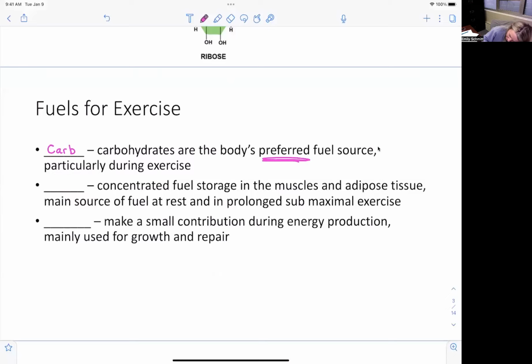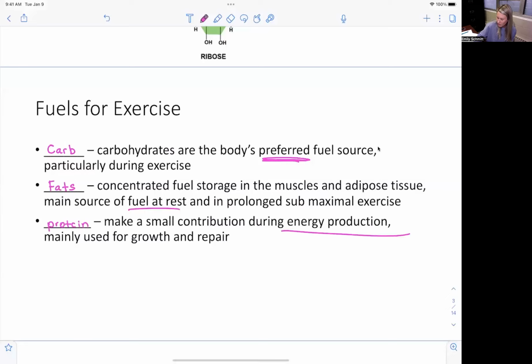And then we know fats are concentrated fuel storage in the muscles and adipose tissue, main source of fuel at rest. And in prolonged submaximal exercise, your body will tap into those fat stores. And then protein, we're not going to talk a whole lot about. But this makes a small contribution during energy production.